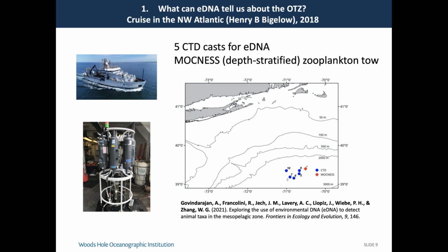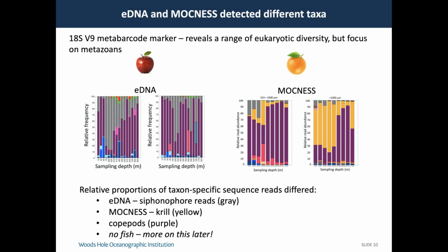It stands for multiple opening closing environmental sampling system. And so we compared the metabarcoding results using a genetic marker that would reveal a wide range of eukaryotic diversity. And we compared our eDNA results with our net tow results.